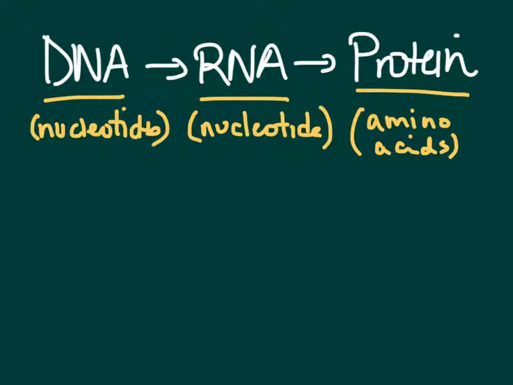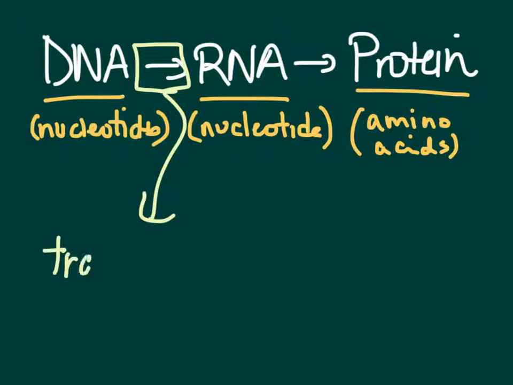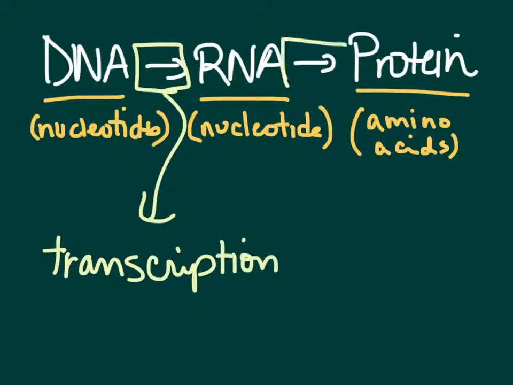So this arrow right here, that's a process that we call transcription. Remember yesterday we said to scribe means to write. So we rewrite it. And then at this second arrow is the biological process that we call translation.